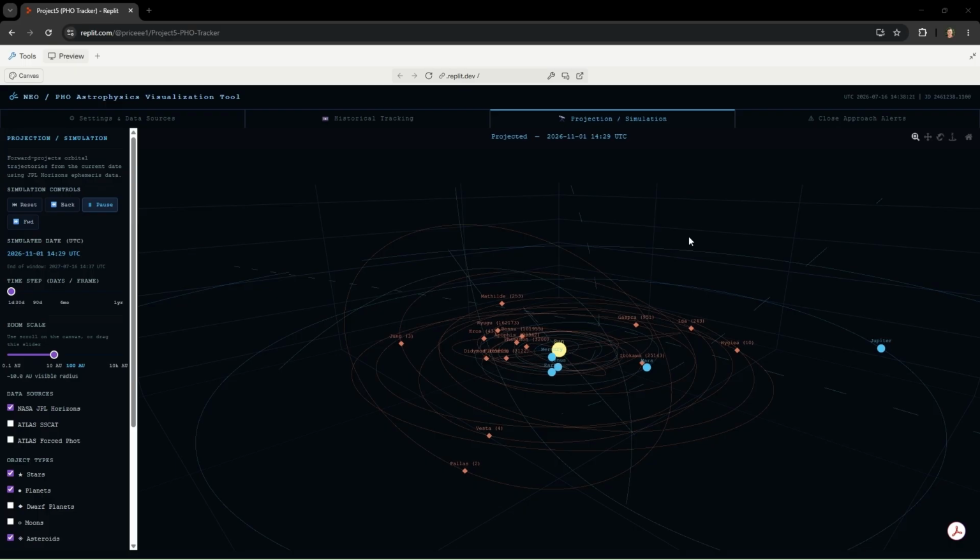Mathematicians proved a long time ago that the three-body problem has no general solution. So the system is fundamentally chaotic. It exhibits an extreme sensitivity to initial conditions. It's often colloquially called the butterfly effect.